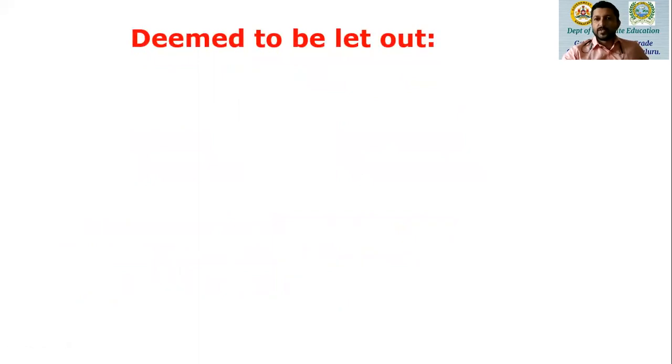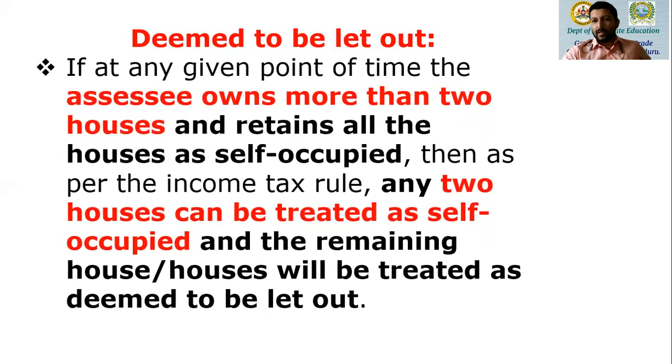The next concept is deemed to be let out. This is a very, very interesting concept that we have under the head house property. Now, what is this deemed to be let out? I have more than two house properties in my name, and I am not letting out those properties at all for rent. Suppose, let's imagine I have got 3 houses, and all 3 houses I am retaining as self-occupied house property itself, not deriving any rent at all.